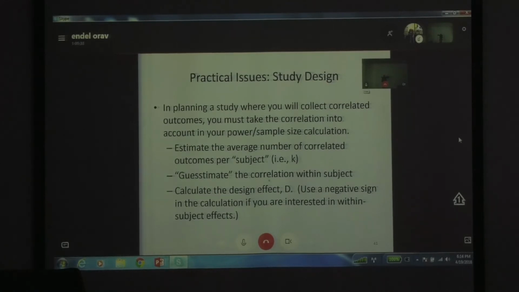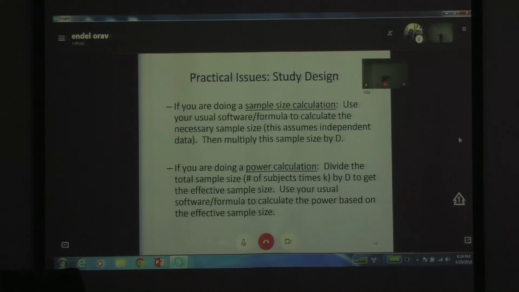Guesstimate what the correlation, that rho, will be, or get it from pilot data. Calculate the design effect, that D is 1 plus K minus 1 times the correlation. And if you're doing a sample size calculation, use your usual software formula, calculate the necessary sample size, and then multiply it by D.